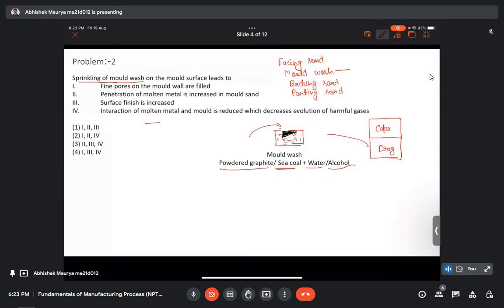So what we did, we took the drag and put the sand inside the drag, and then we put the first half of the pattern inside the drag.